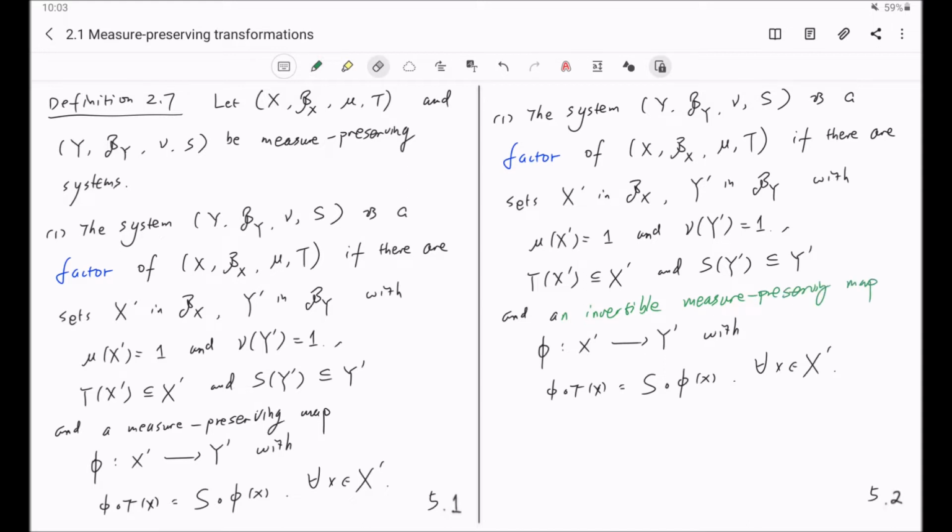And if this is satisfied, then we say the system (Y, B_Y, ν, S) is isomorphic to the system (X, B_X, μ, T).